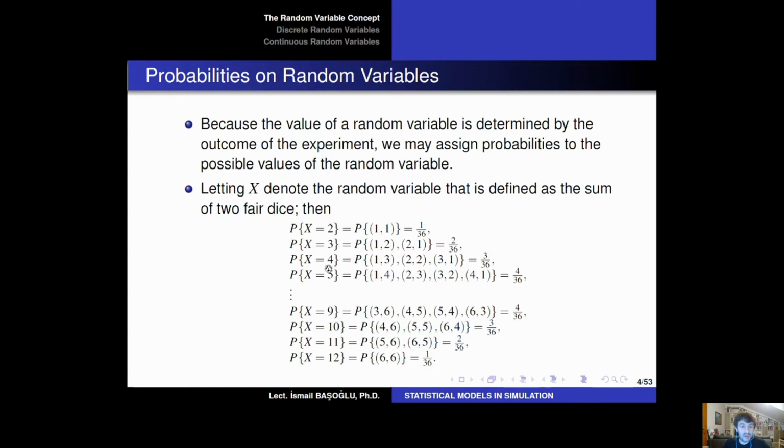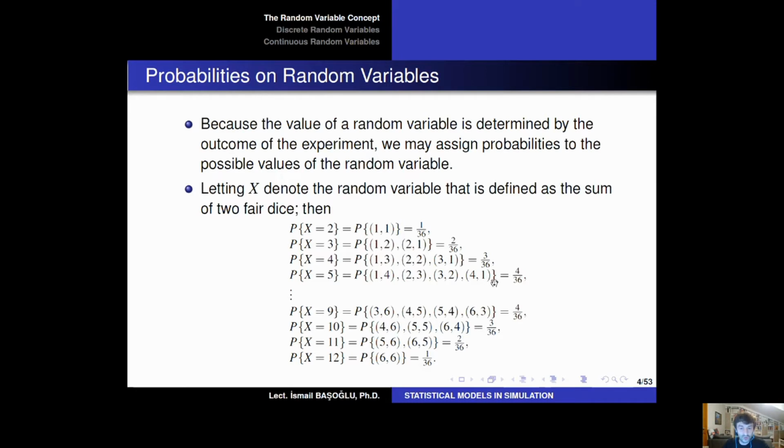So because the value of a random variable is determined by the outcome itself, we can assign probabilities for the random variables to have an equation or inequality statement, right? So the probability of x being equal to 5 is the probability of getting either one of these four outcomes.